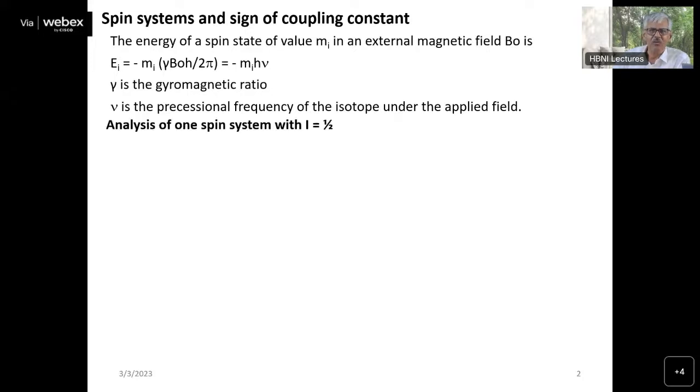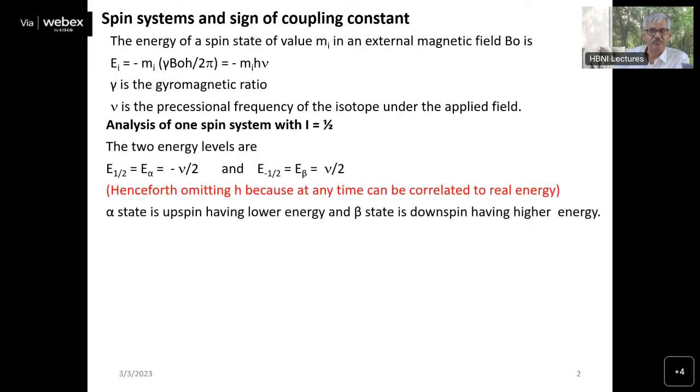Now we'll analyze only one spin system and then slowly go to a two spin system. In the case of one spin system, there are two energy levels. We know that E half is equal to E alpha is equal to minus nu by 2, and E minus half is equal to E beta, which is nu by 2.